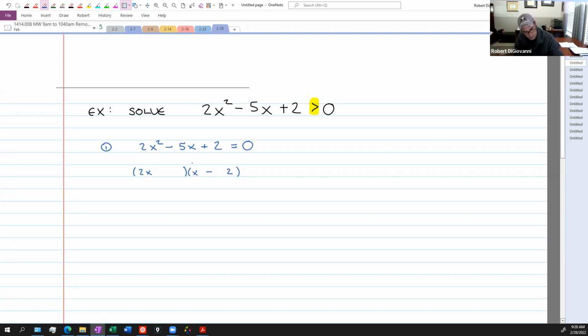I believe this will factor to be this. Let's see, 2x squared minus 4x minus, yeah, okay, so that's the factoring. And if we set each of those factors equal to 0, we get x equals 1/2 and x equals 2.